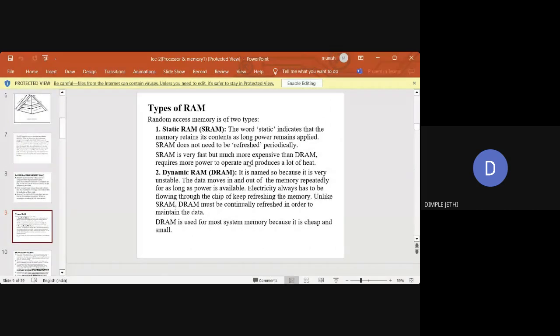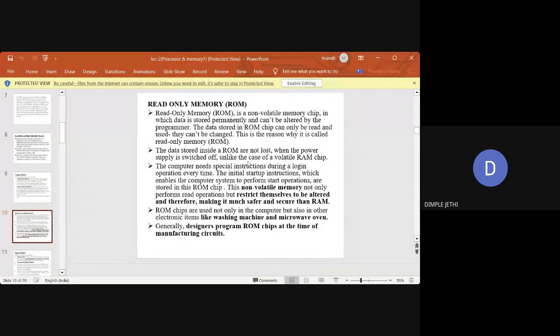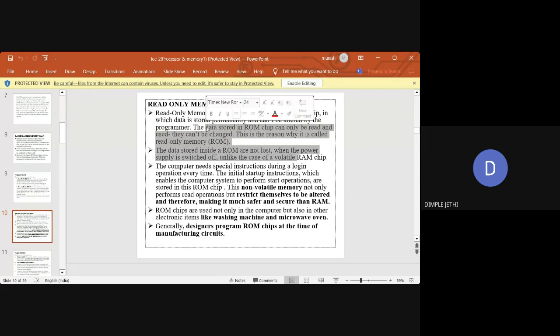But RAM is volatile. In the case of ROM, it is a kind of permanent memory. What do I mean by that? You will not lose your data when the power supply is switched off. Unlike your RAM chip, the stored data in a ROM chip we can only read. That cannot be changed. That is why it is called read only memory, right? As I told you in the last class also, it comes from the manufacturer only.